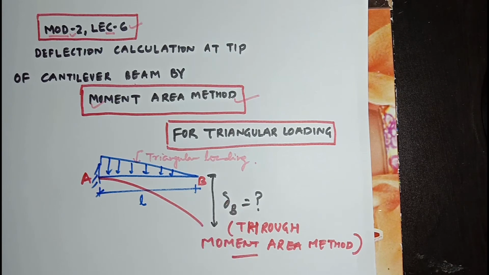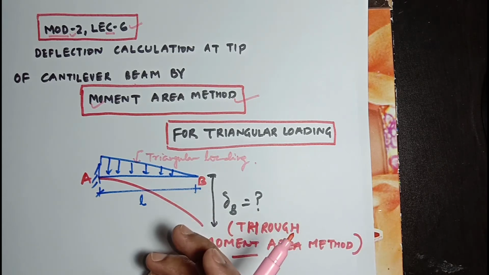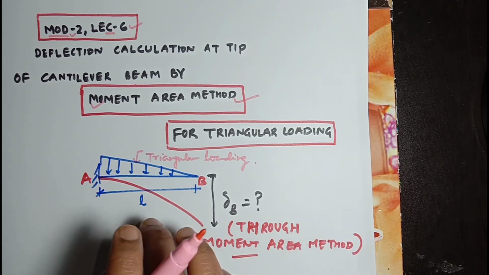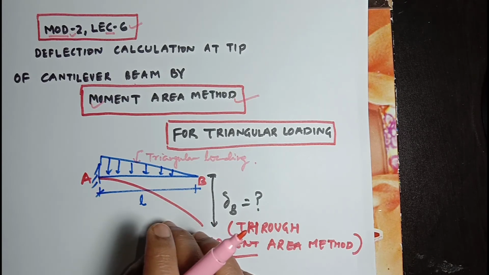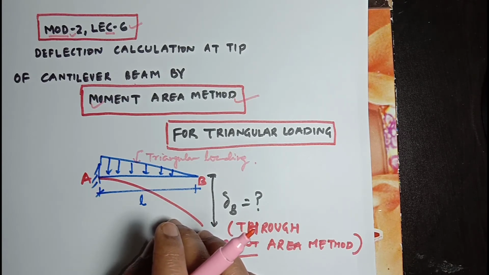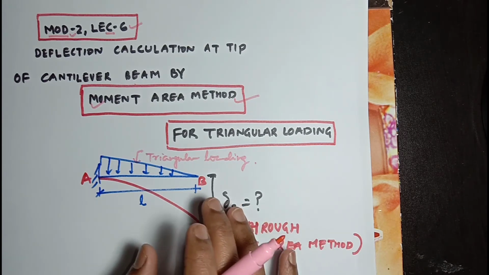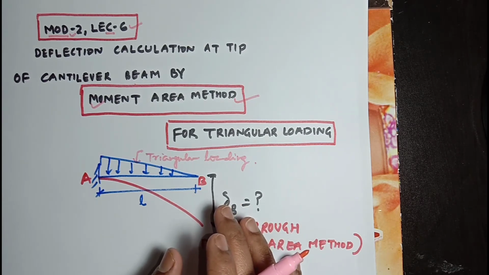I am using more than one method for the same problem to make you aware and to make your concept more clear regarding the various methods, so that whatever method is convenient to you, if you forget any one of the methods during your examinations or doing analysis or designing any beam, you can follow any one of these. All these methods are very popular methods.